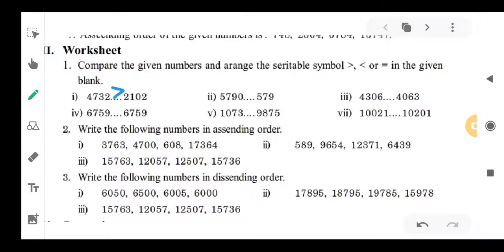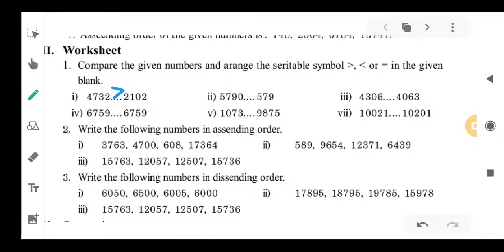So in the next one this is 5790 and this is 579. In this there are 4 digits, in this there are only 3 digits. So this is the bigger one.